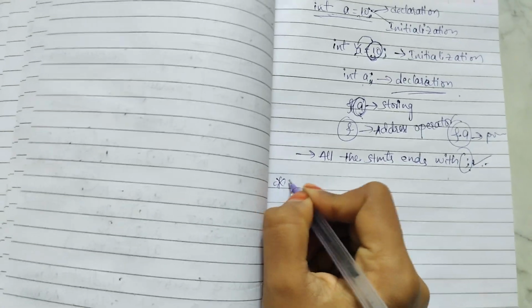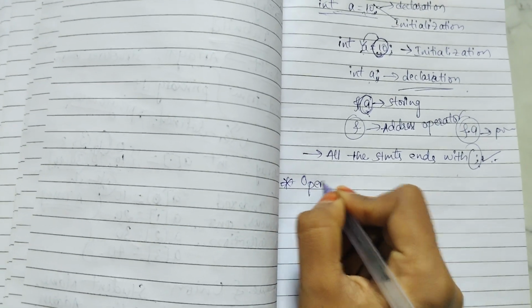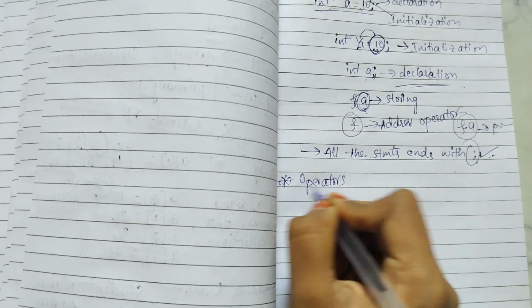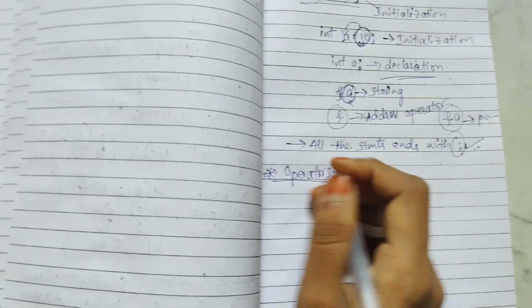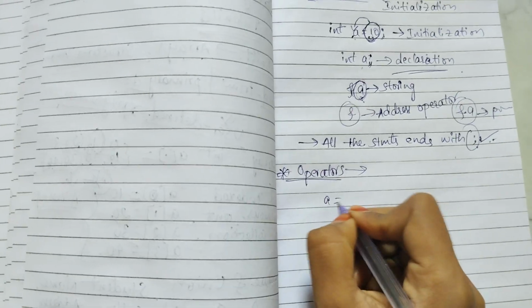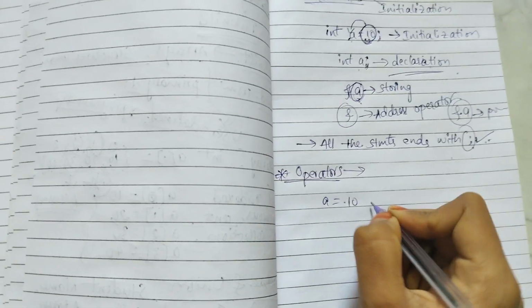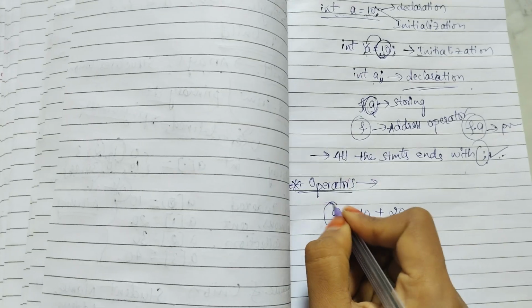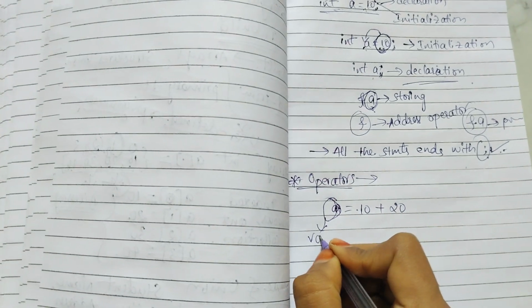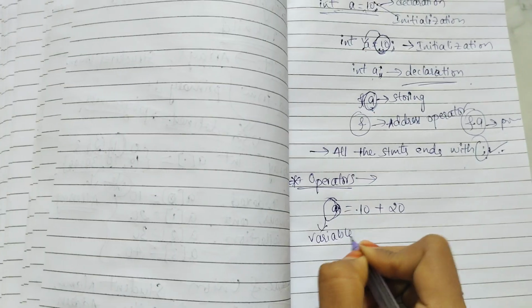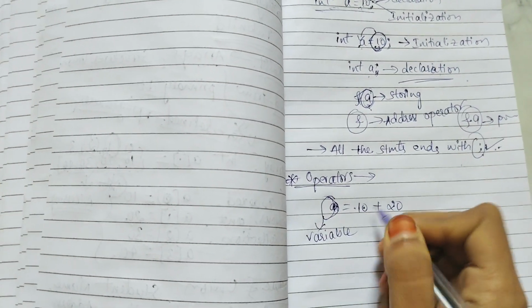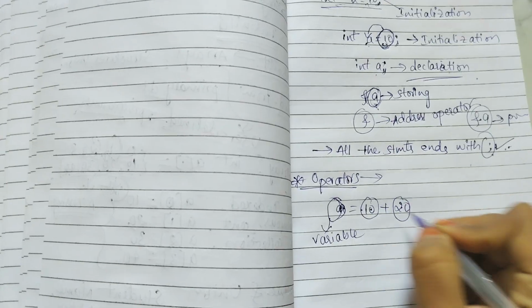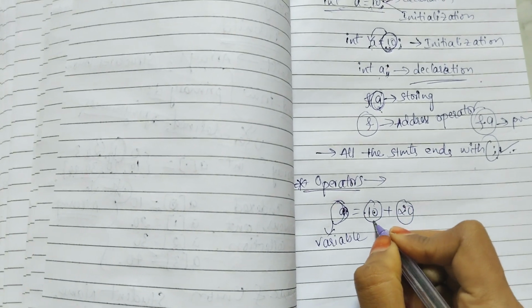The next concept is operators, which is a very simple concept again. For example, if I take a is equal to 10 plus 20, here a is a variable, as all of you know. I am storing the sum of 10 and 20 inside a.